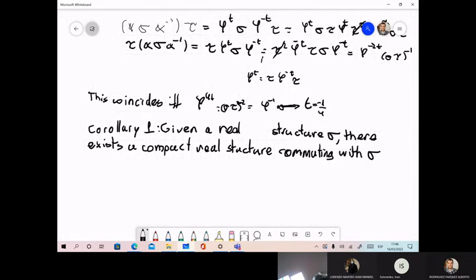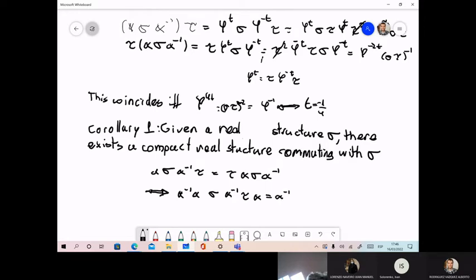And this is just because if we have that alpha sigma alpha minus 1 tau equals tau alpha sigma alpha minus 1, we multiply both on the left by alpha minus 1 and on the right by alpha.